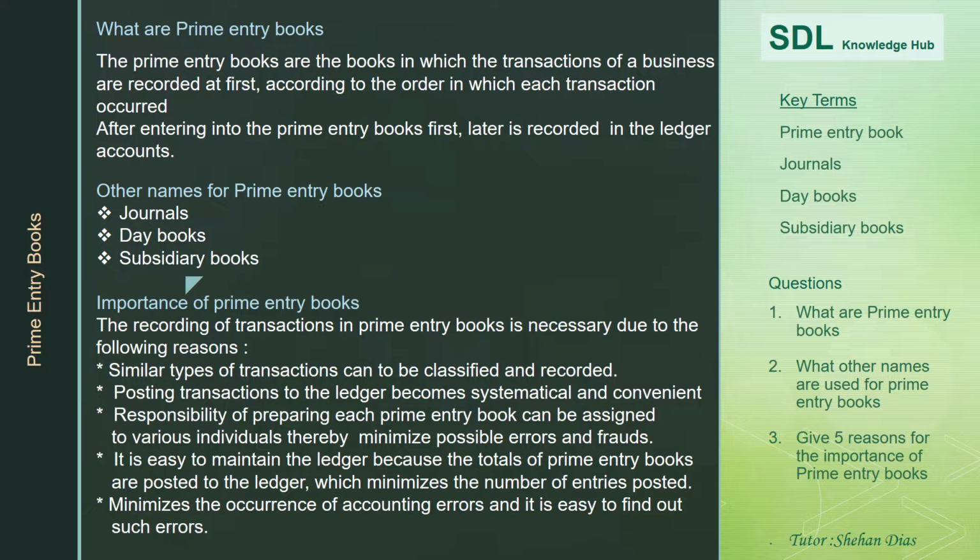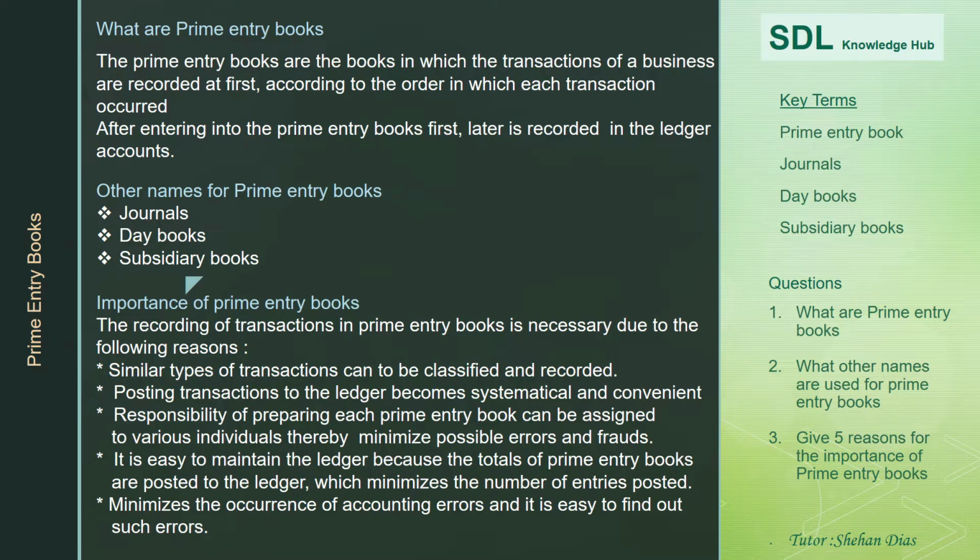Now, the importance of recording transactions in the prime entry books can be seen as similar types of transactions can be classified and recorded. Posting to the ledger becomes easy and systematic. The responsibility in preparing each prime entry book can be assigned to different individuals so that it will minimize the risk of errors and frauds.